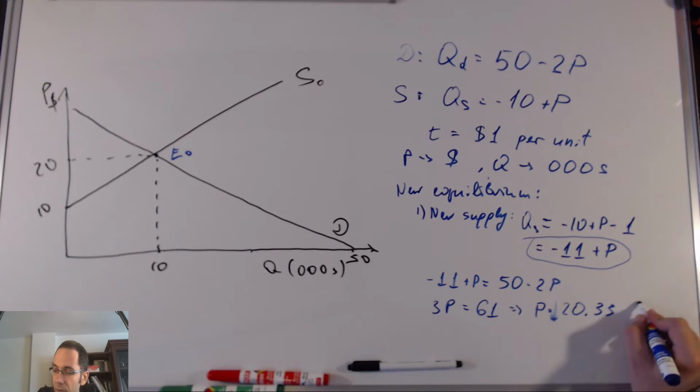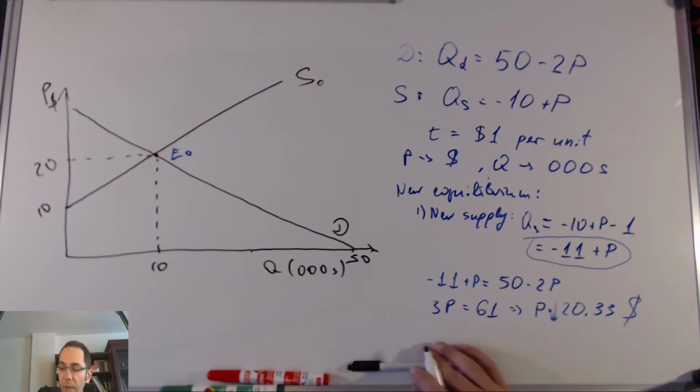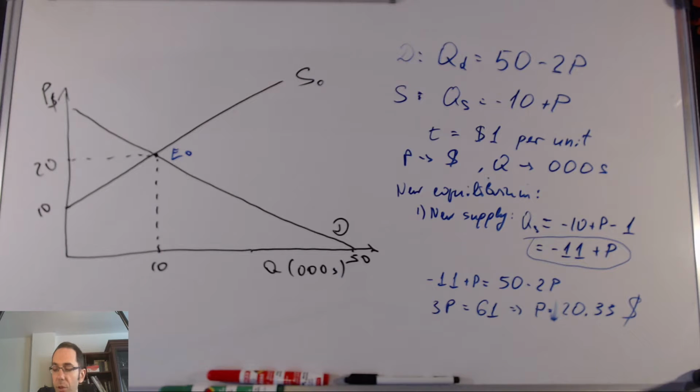Let me just say this. And the new quantity would be 50 minus 2 times 20.33, which is going to be 9.34, if my calculation is accurate.